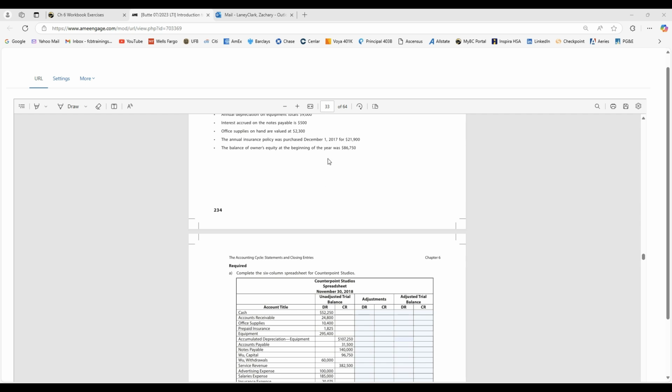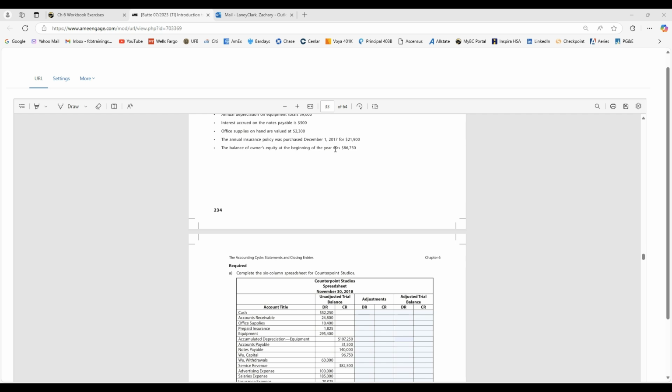If you take the $21,900 divided by 12, you will get $1,825, because essentially that insurance policy lasted from December up until the end of November. December to November, 12 months. So this is just going to be the last month. You should have a zero balance in prepaid insurance after you expense that last amount. But confirm that for yourself, and make sure that makes sense.